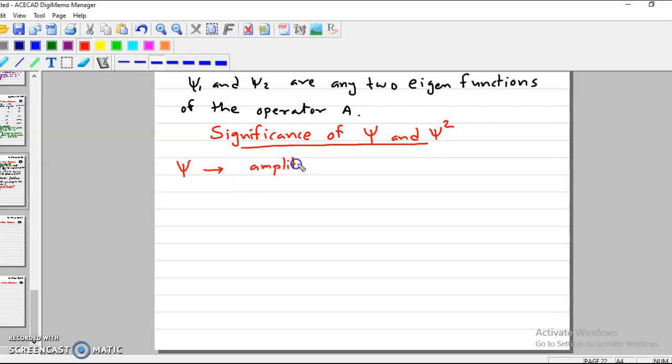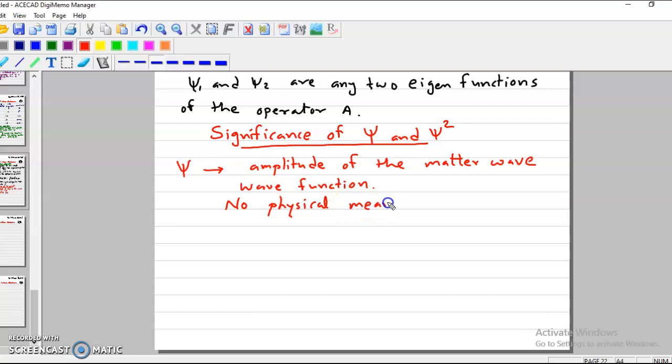We know that it is the amplitude of the matter wave, or it is also known as the wave function. But what does it mean? Well, it has no physical meaning. Why? Because it is only a Greek alphabet and therefore it has no physical meaning.